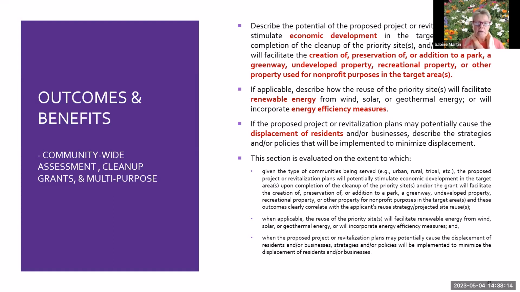What are the benefits of what you want to do? So what you see on this slide here is the ask, basically. The first three bullets there were in last year's RFP, the request for proposal for community-wide assessment, cleanup grants, and multi-purpose grants.